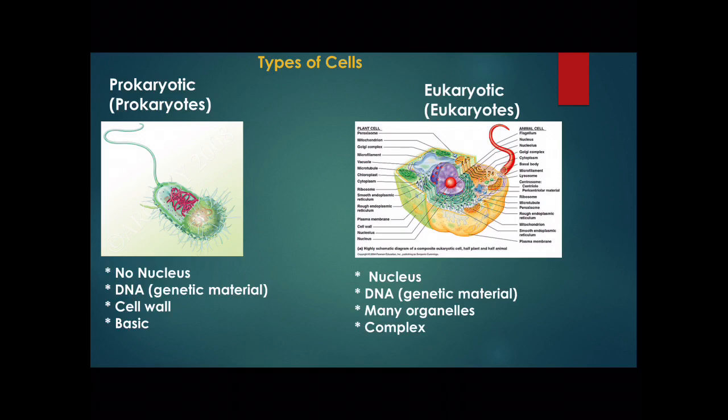They also have DNA or genetic material, and that genetic material is inside that nucleus, that round shape that you see in that picture. These cells have many organelles. Just take a look at the list of names on both sides of that picture. Those are all things that you're going to come to know later on in the year. And these types of cells are very complex.